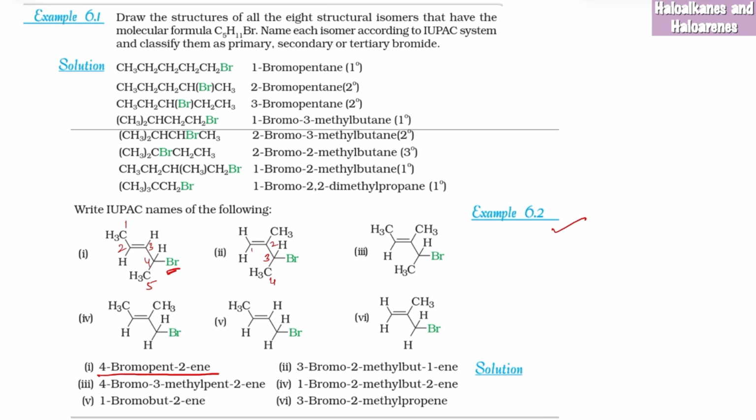So parent compound is but-1-ene and there is a methyl substituent on the second carbon and there is bromine present on the third carbon. So the name becomes, naming in alphabetical order, 3-bromo-2-methylbut-1-ene.